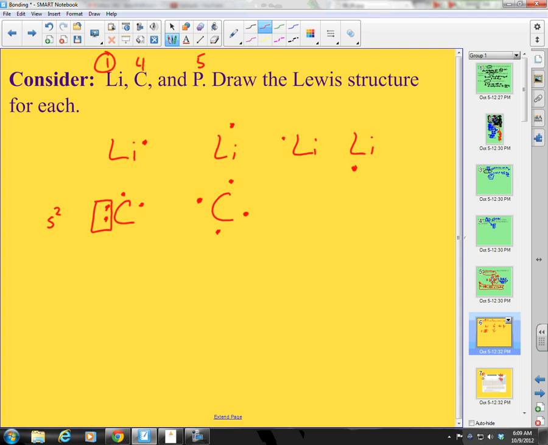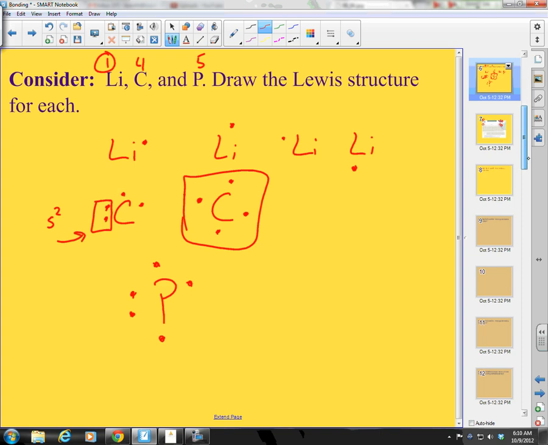Either way is fine with me. I like to remind myself what's happening with my orbitals, but this is perfectly fine as well. So carbon usually is written that way, but I would accept this. And then phosphorus, we have 1, 2, 3, 4, 5 valence electrons around P. There's phosphorus.